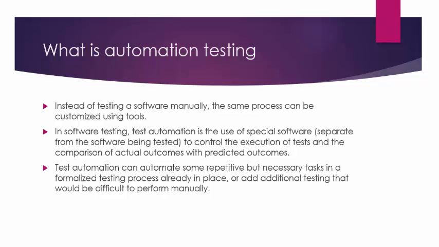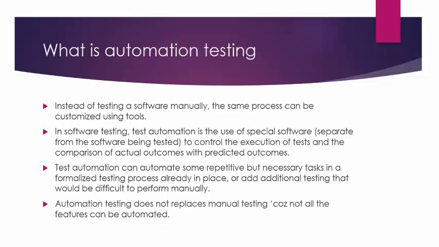Test automation can automate some repetitive but necessary tasks in a formalized testing process which is already in place, or it can add additional testing that would be difficult to perform manually. Automation testing does not replace manual testing.